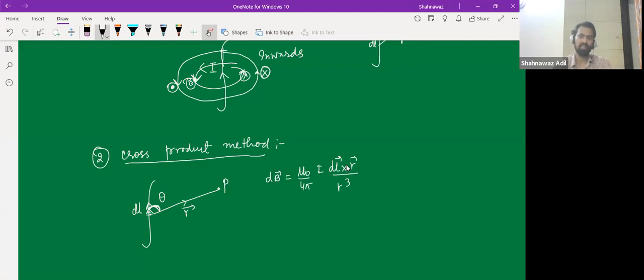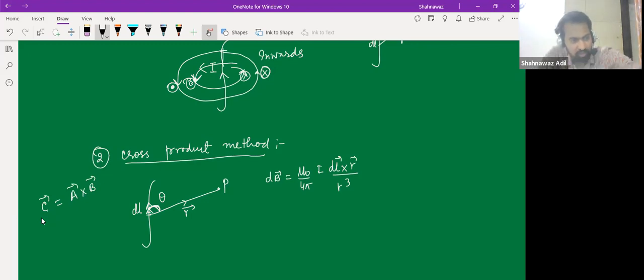Whenever we take the cross product of two vectors, let's say we take the cross product of A and B and the result is C. What can you say about the angles between A and C, and B and C?